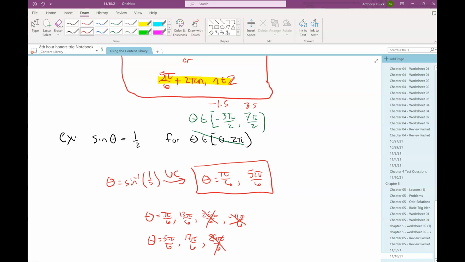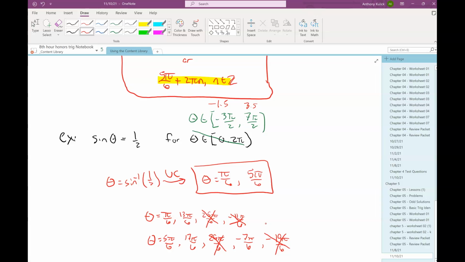Agreed? And if I subtract 2 pi, that's going to be negative 7 pi over 6. So negative 1 and 1/6, which is okay. That's still bigger than negative 1.5. But if I subtract again, that's way too small. That's negative 3 something. We okay with what I did there?